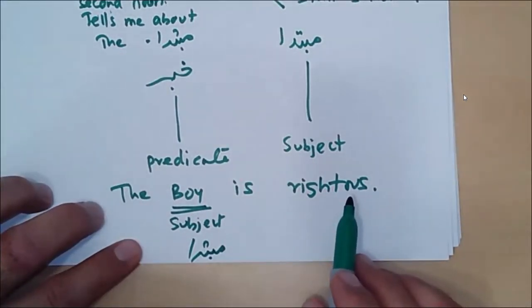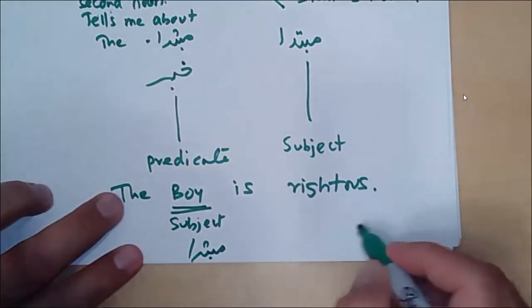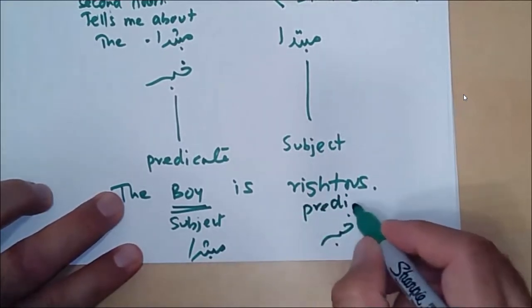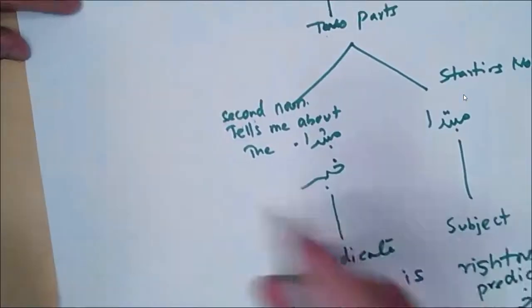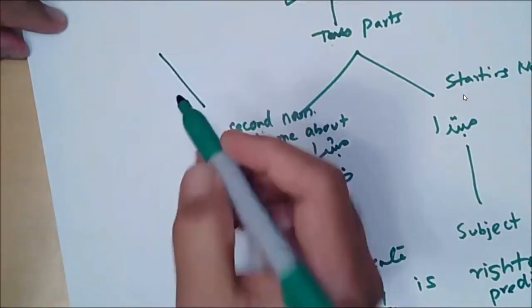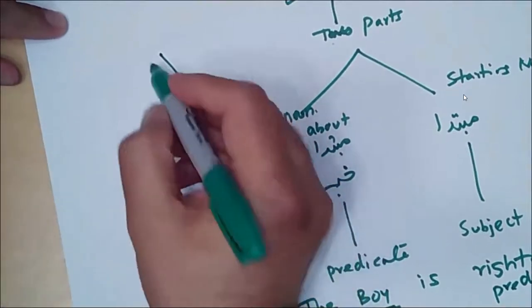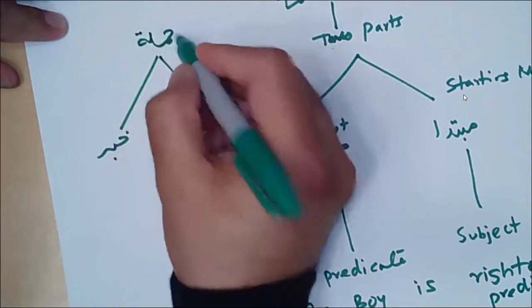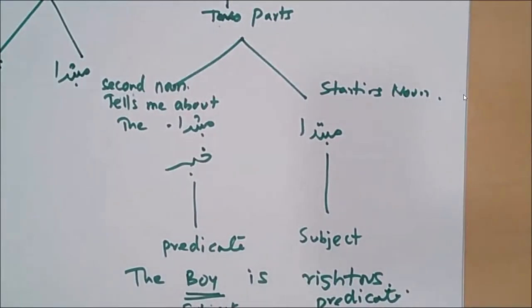Righteous. That he's a righteous boy. So that is the khabar, or we call it predicate. When we write this in Arabic, the mubtada comes first and then the khabar comes after that. That's the jumla. Making sense? So far so good? Yes.